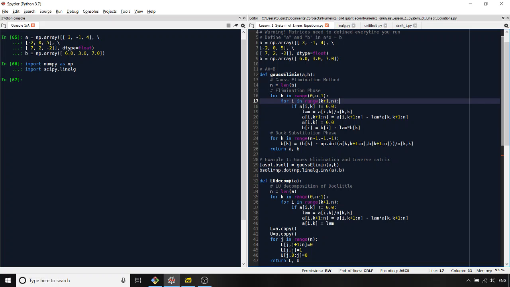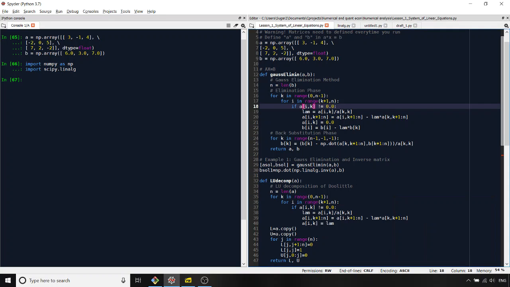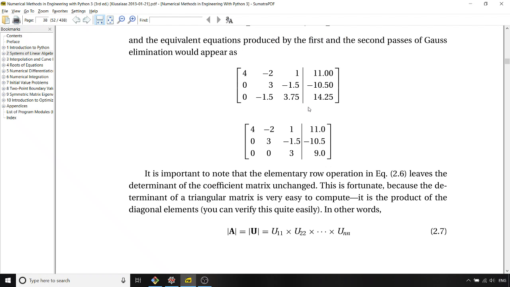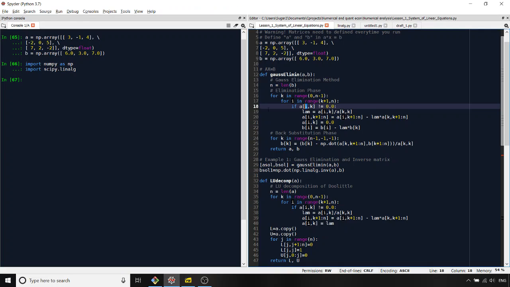From 0 for k and 1 for i, so this one will be 1 and this will be 0. So 1 is already the second row. We come to this matrix and see the second row and first column, and if it is not equal to 0, then we will do the operation.